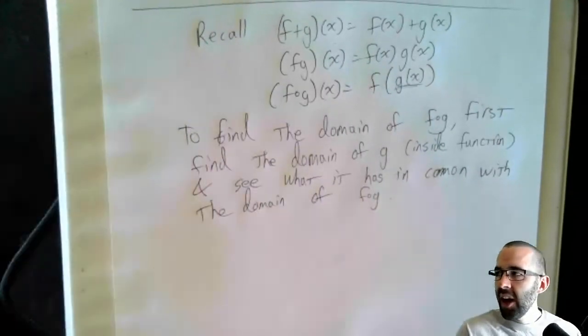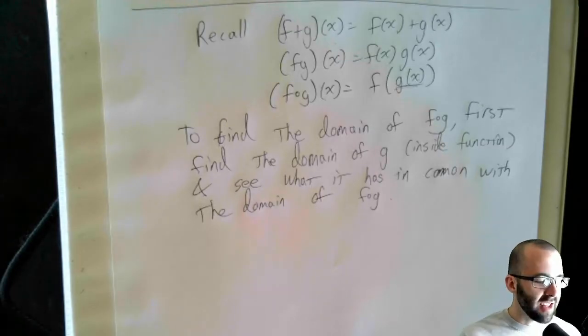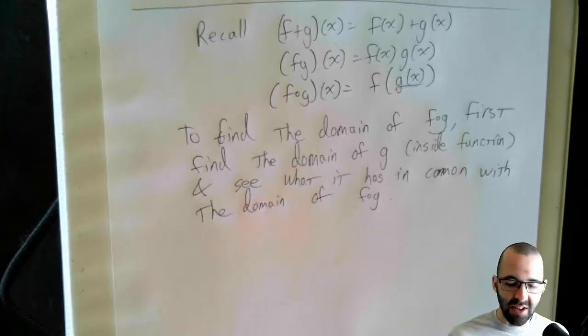All right. And this is a really confusing way to put it. There's a ton of ways to say this, but really the best way is just to do it, okay?